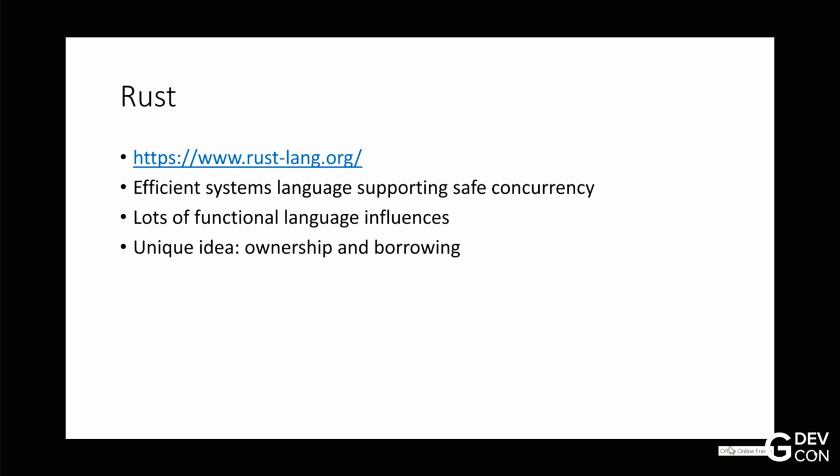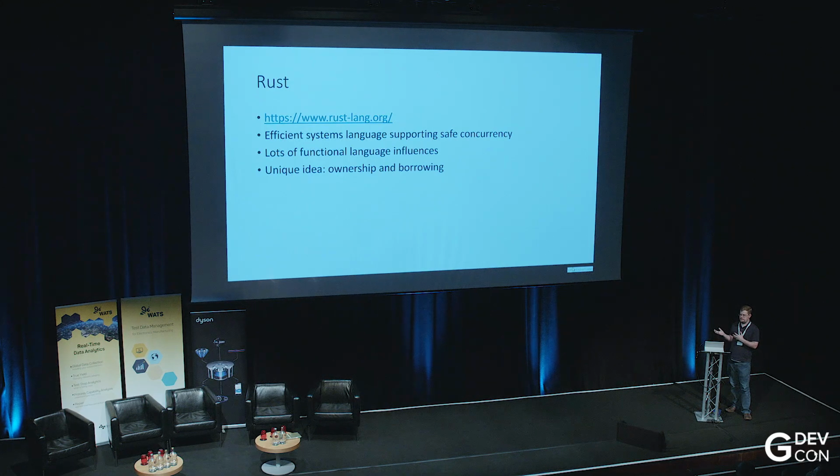I also want to say a little bit about the title of this presentation. So, what Rust can teach G. Rust, you may or may not have heard of, is a relatively recent systems language that originally came out of Mozilla. And like other systems languages like C and C++, it's geared around efficiency, but its main claim is that it can also enable things like safe concurrency.